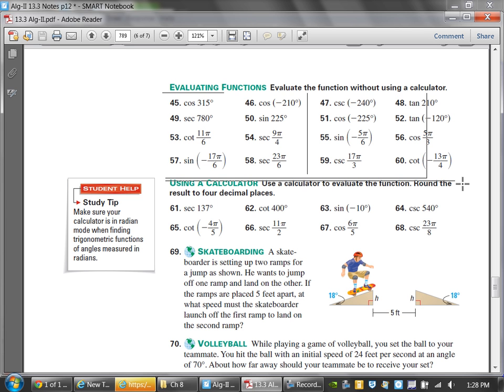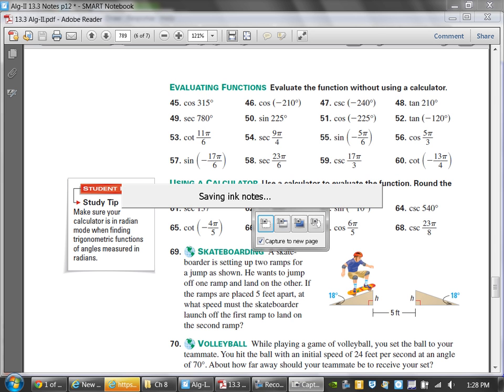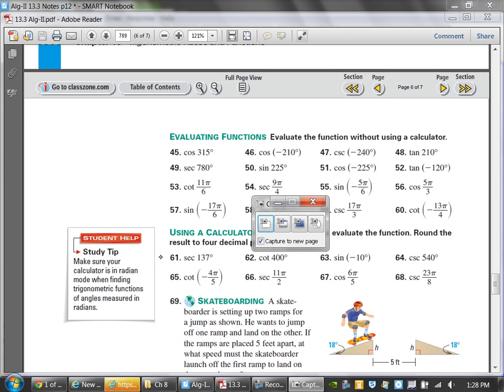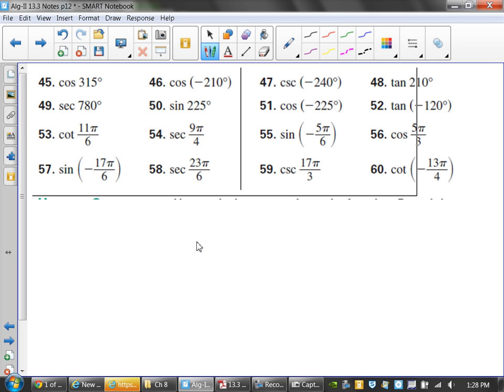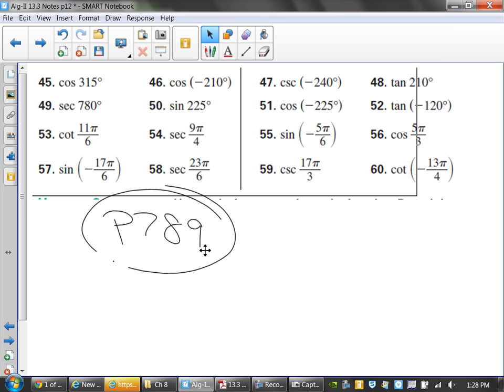Don't use a calculator. Draw your reference angle. Everything bounces out of that first quadrant.